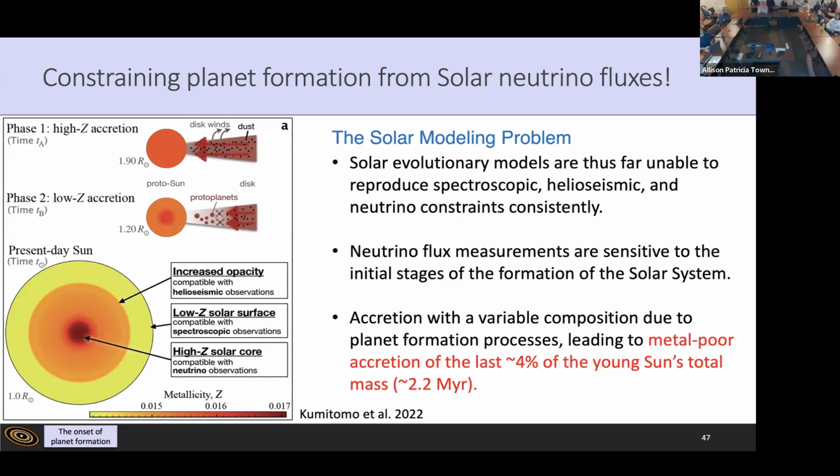So I talked about 3 different observations. One is from our ALMA substructures, which tell us about when the planet formation can begin. And I talked about the CAIs in our solar system, as well as the solar metallicity gradient.